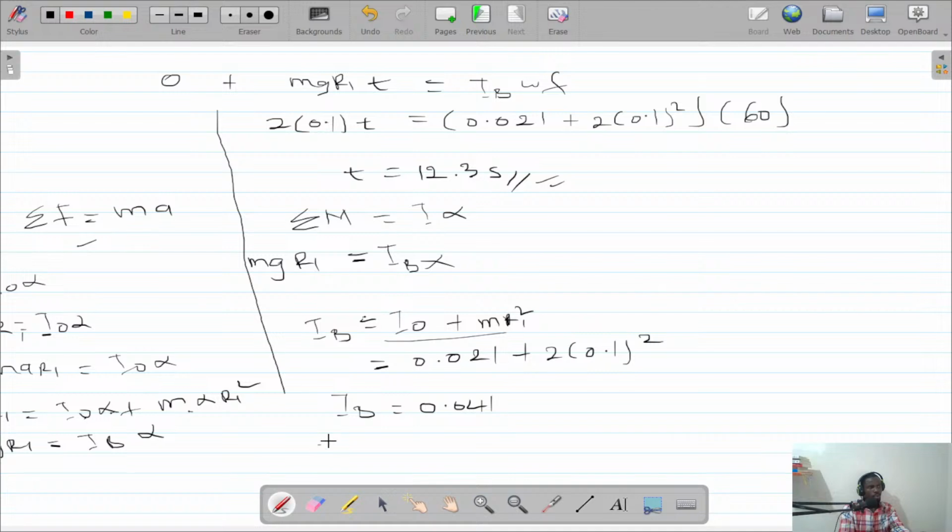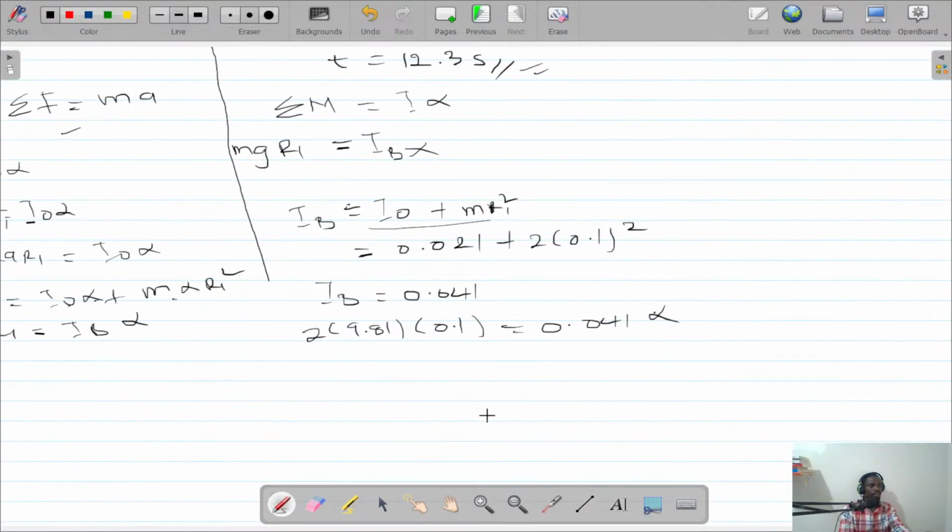The total mass is 2, we have 9.81, R1 is 0.1, and that is equal to 0.041 times alpha. So alpha would be equal to 2 times 9.81 multiplying 0.1 all over 0.041. So we have 47.853 rad per second squared.